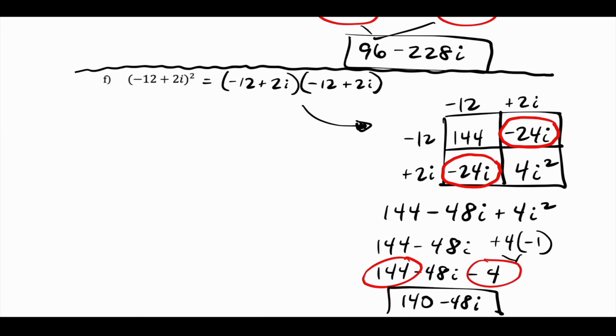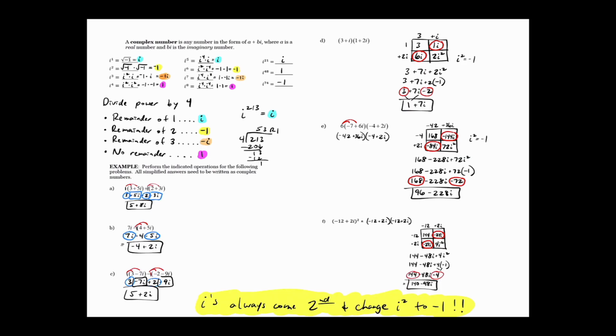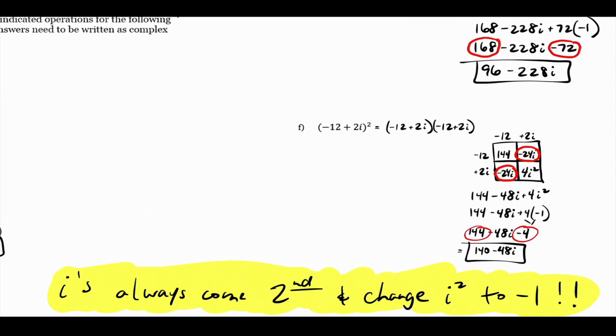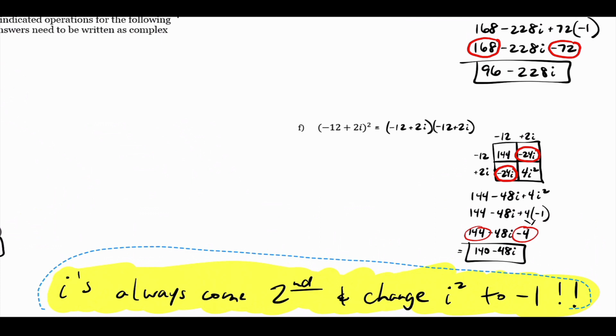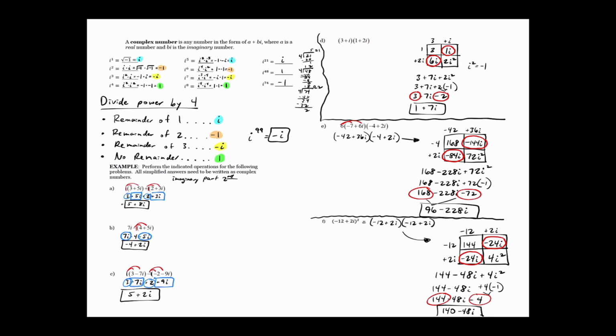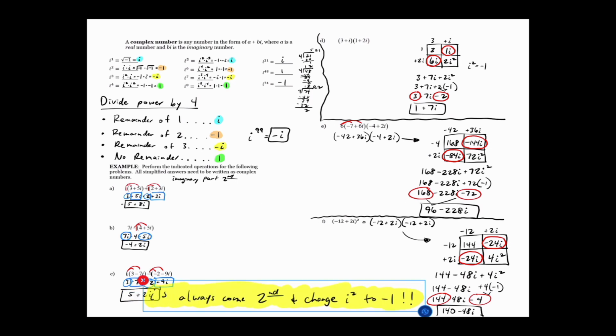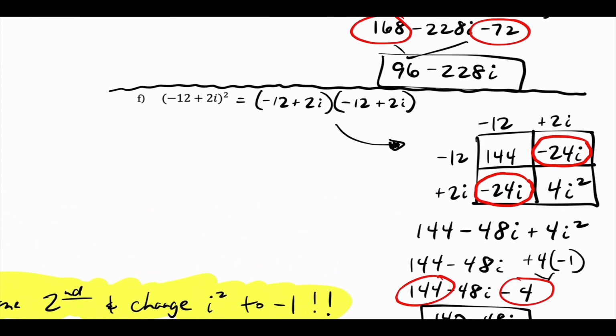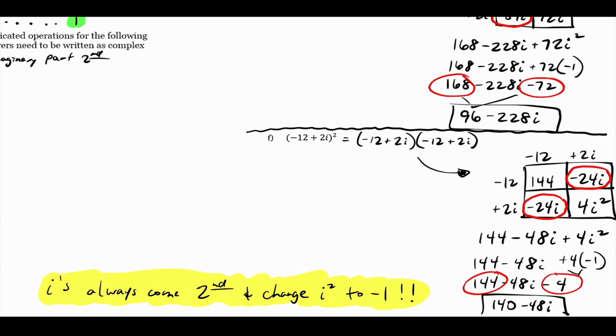So put i's second and don't finish with i squared. i's always come second, and then remember to change i squared to negative 1.